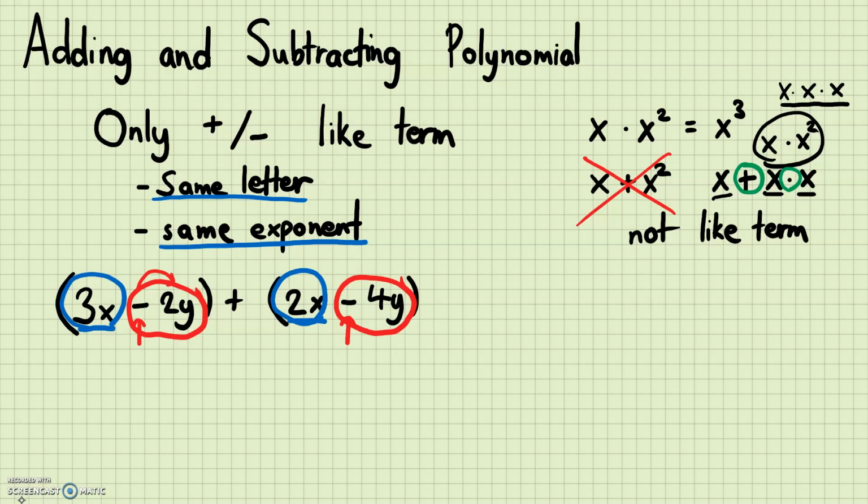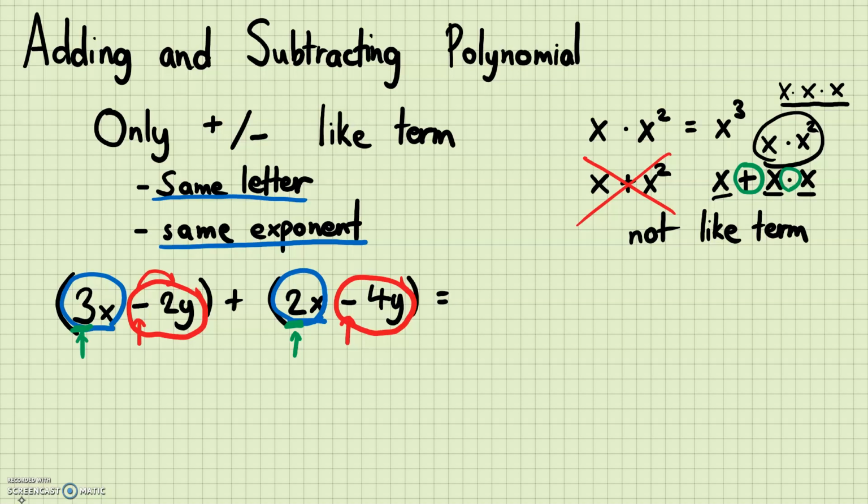They both have y as their letter, and the y is also both raised to the first power. So we can combine the like terms together. 3x plus 2x, and when you're combining like terms, you just add or subtract the coefficient here.